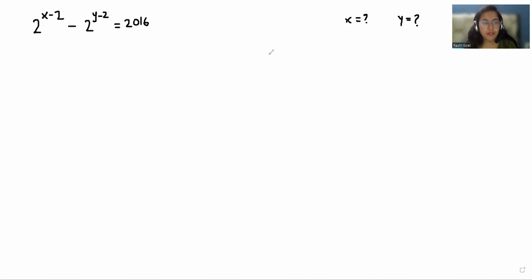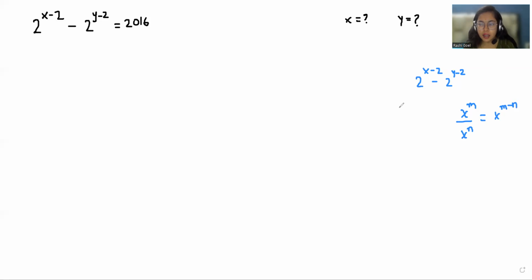So first I'm taking the left hand side, 2 power x minus 2 minus 2 power y minus 2. Here I'm going to use the quotient rule of exponent, that is x power m by x power n is equals to x power m minus n.